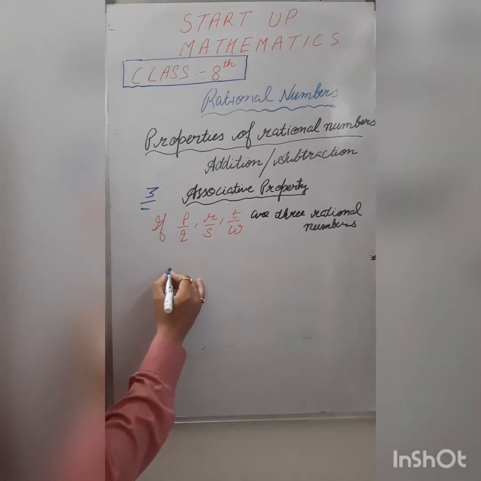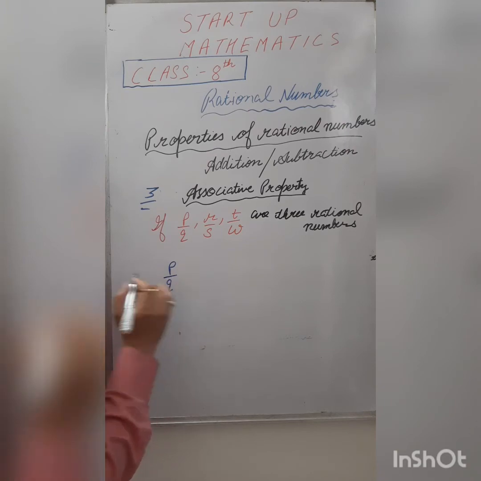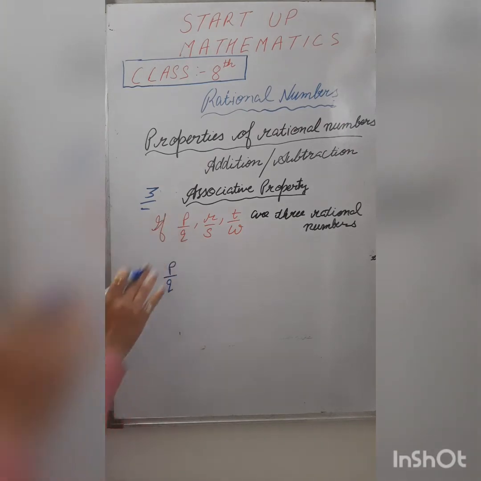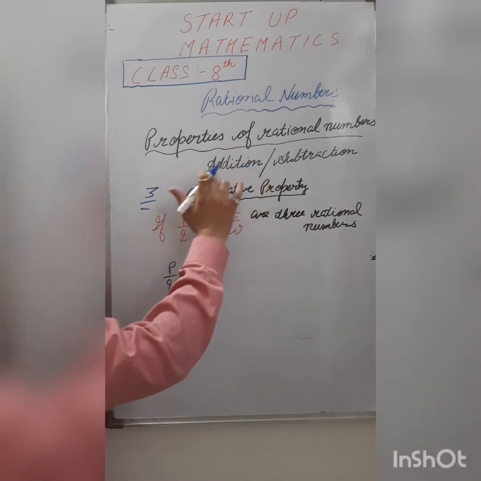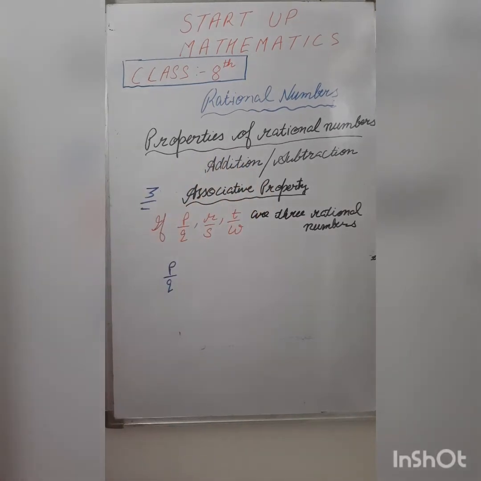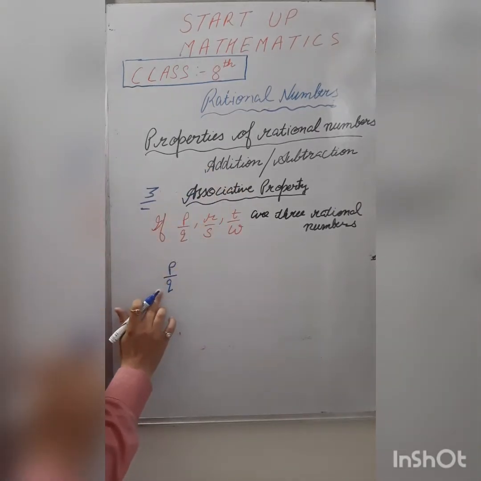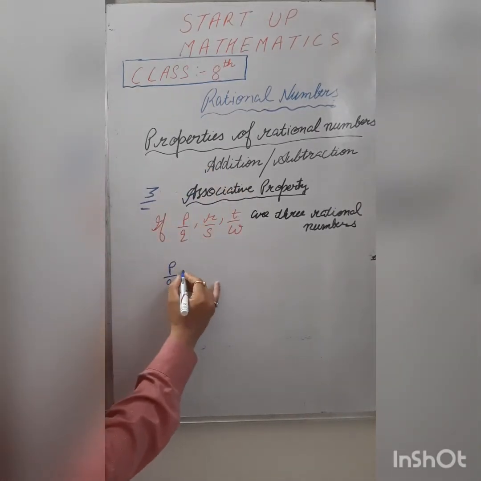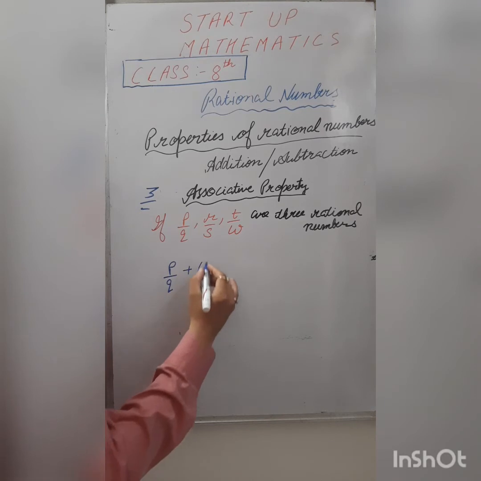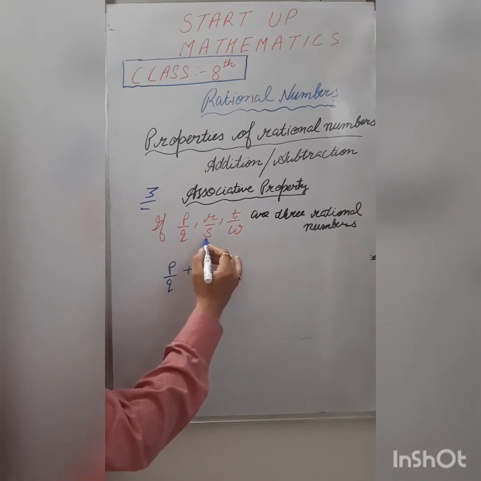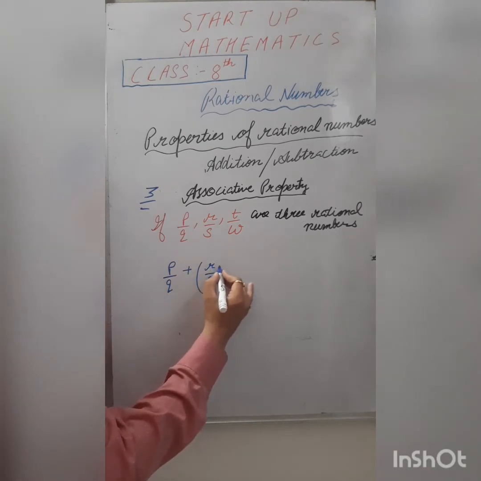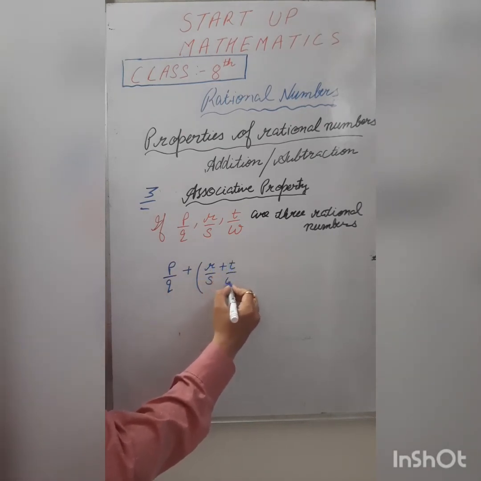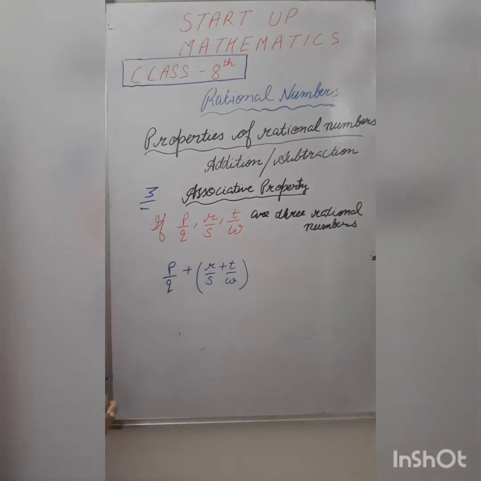We are doing this property for the binary operation, that is the addition, right? Our binary operation is addition. So P by Q, right? Or I group these two rational numbers, R by S, T by W, right? So this is the first order.